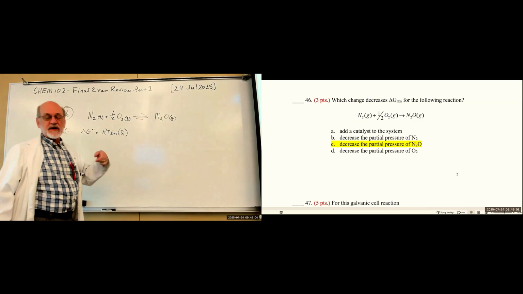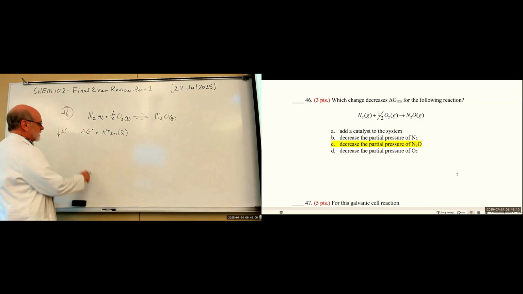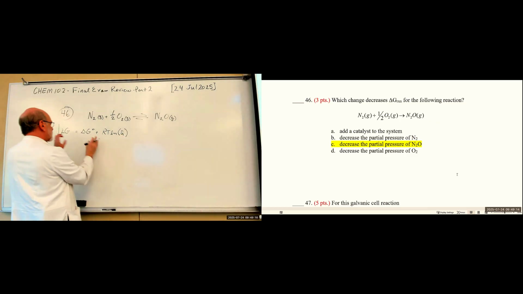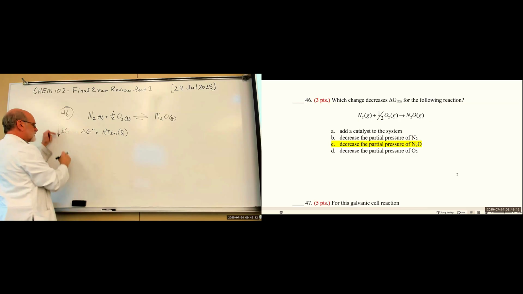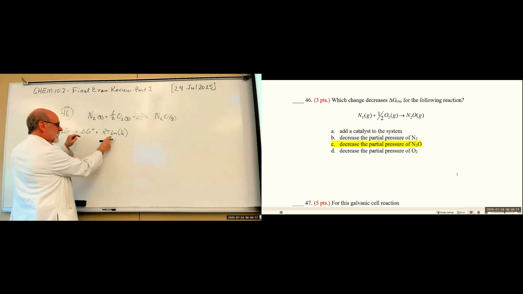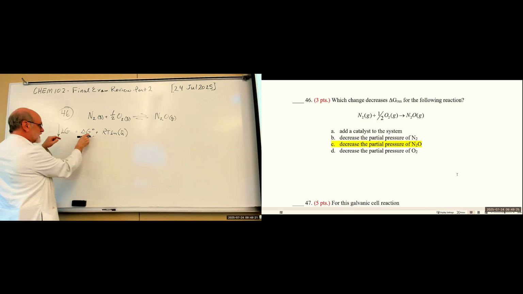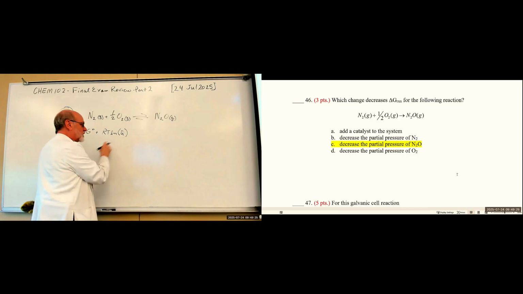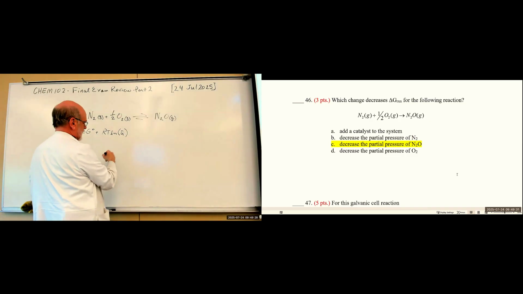So we have to assume that the temperature is constant. So if this is constant and that's constant, then we have to vary this one to give us a decrease in this value. Right? So what would make this one negative? That would have to be a negative value to decrease this one. Right? What value of Q would give us that?